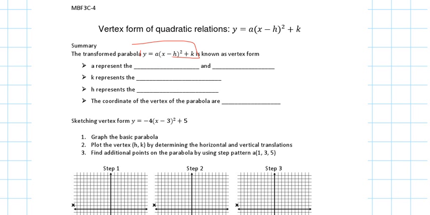And vertical stretch or compression. k, which is the outside part, that's your vertical translation.